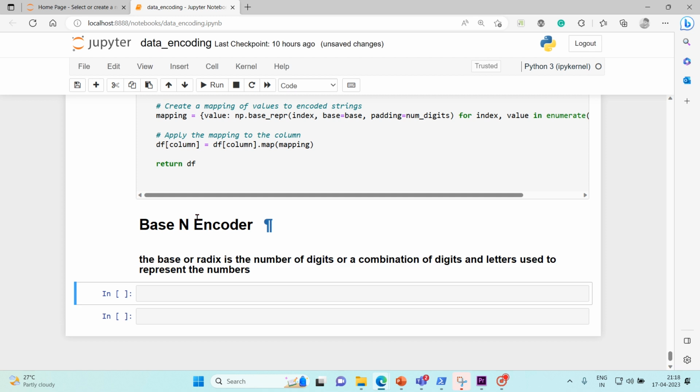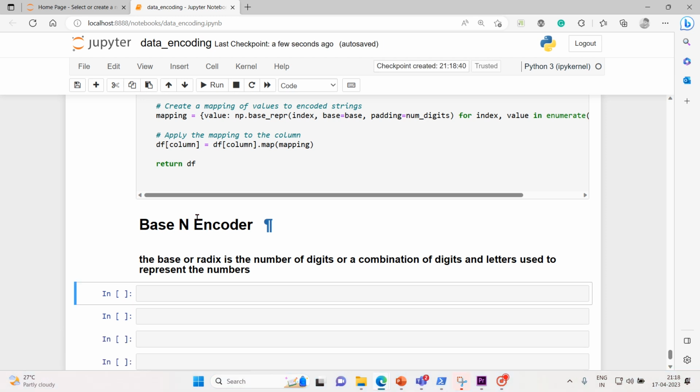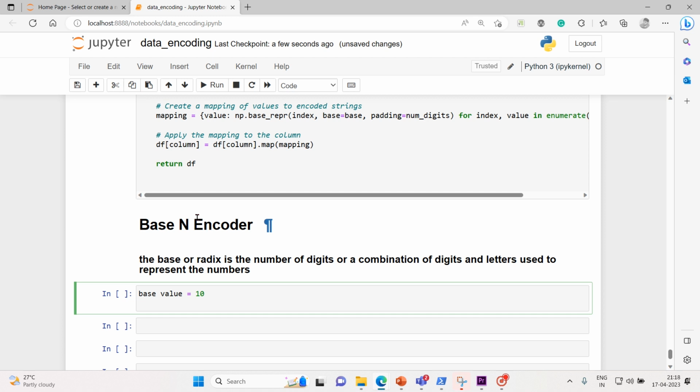The most common base value we use in our daily life is 10, and this is called the decimal system.